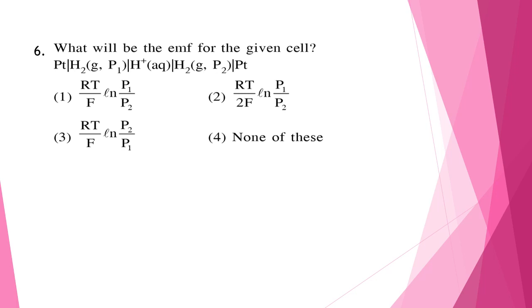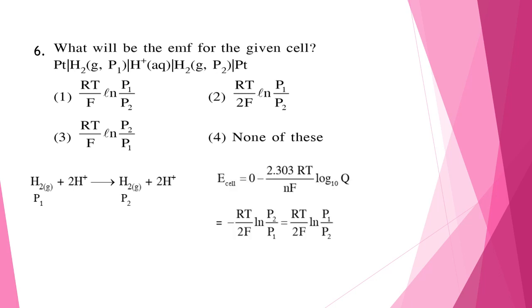Question 6. What will be the EMF for the given cell? So the cell is given. Now the reaction which will go is H2 gas plus 2H positive gives H2 gas plus 2H negative. But on the left hand side the pressure is P1, on the right hand side the pressure is P2. Now you know that E cell is equal to E naught cell minus 2.303 RT by NF log Kc.